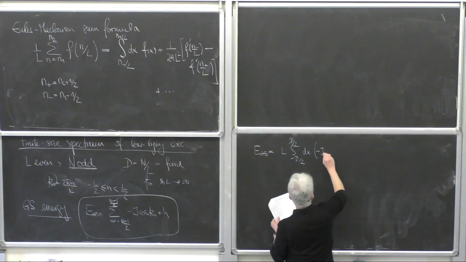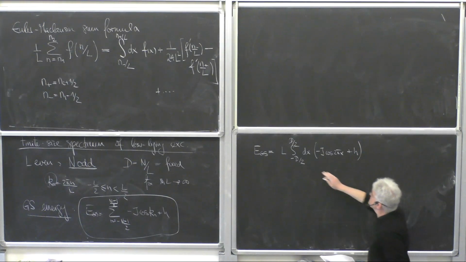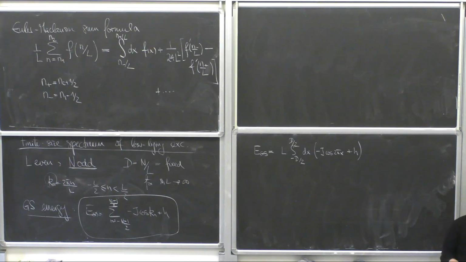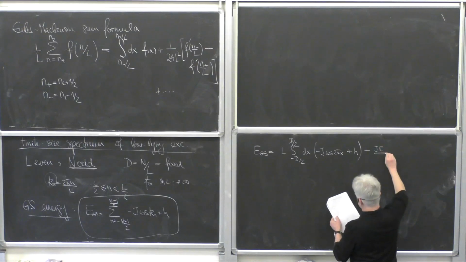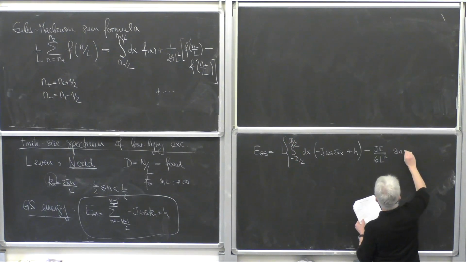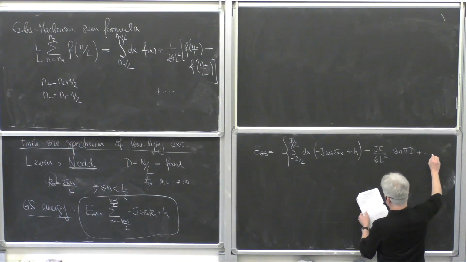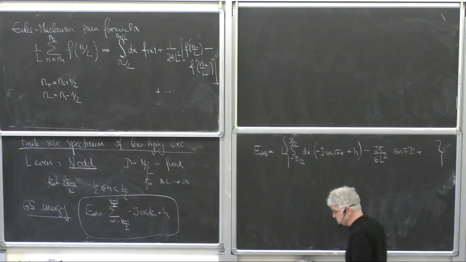Here I have minus J cosine 2 pi x plus h. So you see the integral now no longer contains any L. So this is a number. And then the correction is just minus J pi divided by 6L squared sine pi d plus dot, dot, dot. So that's what comes out here. I just do the calculation.